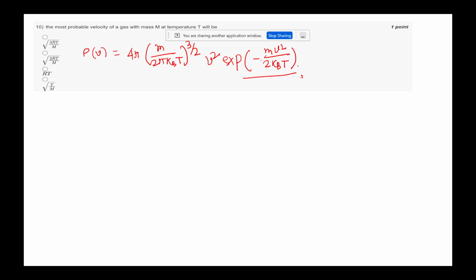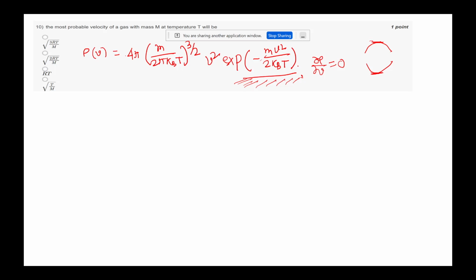Most probable velocity means for which velocity this curve or function is maximum. For a maximum, we know del rho del v should be 0 because it is an extremum point. For a maxima or a minima, the slope is always 0. That is the concept.